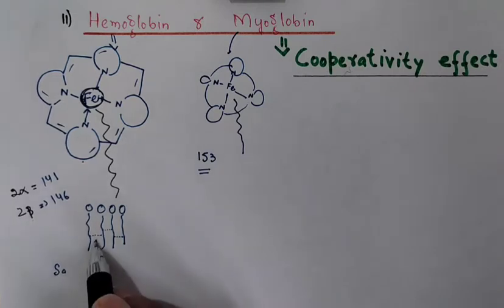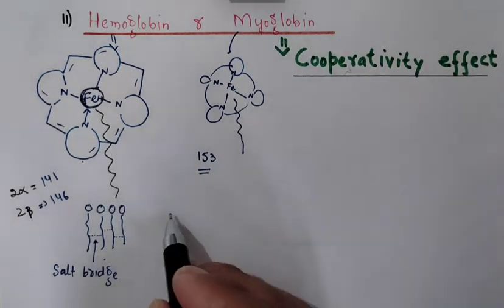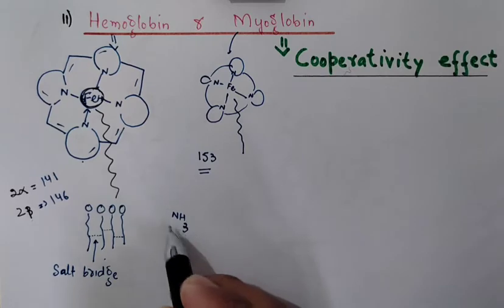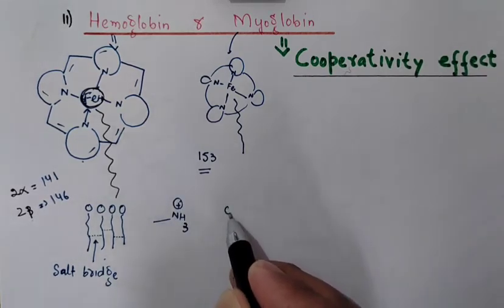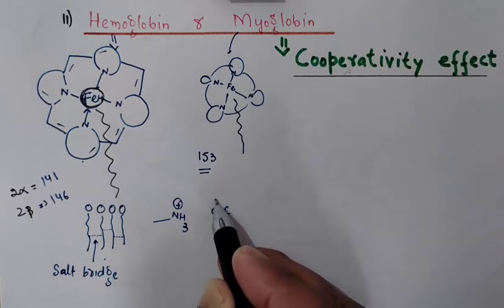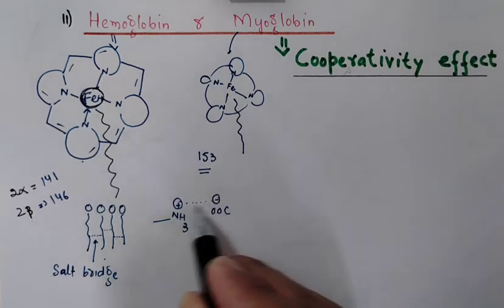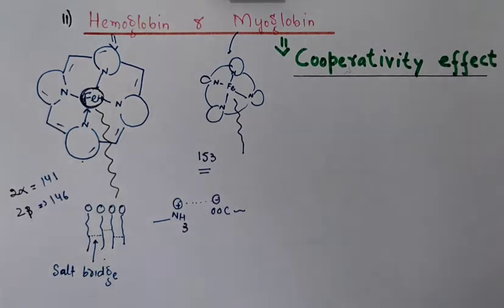This bonding between 2 chains is your salt bridge. And what basically is this salt bridge? In one chain we have the amine group, which is protonated in the form of NH3+, and in the other chain we have the COO negative carboxylate ion group. So then we have this ionic force. This is your other chain. This is basically your salt bridge.